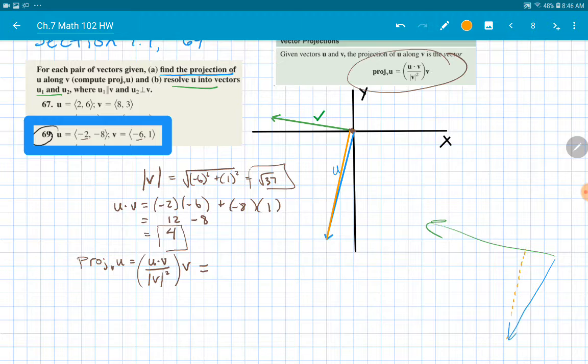I'm just kind of zooming in so we can see what that brown line is. It's the vector that is along v, and it's projected from u at that perpendicular. So the tip of u drawn perpendicular to v gives me this little brown vector. So to scale, it's right here. But it's so tiny that I want to make sure you understand what it is.